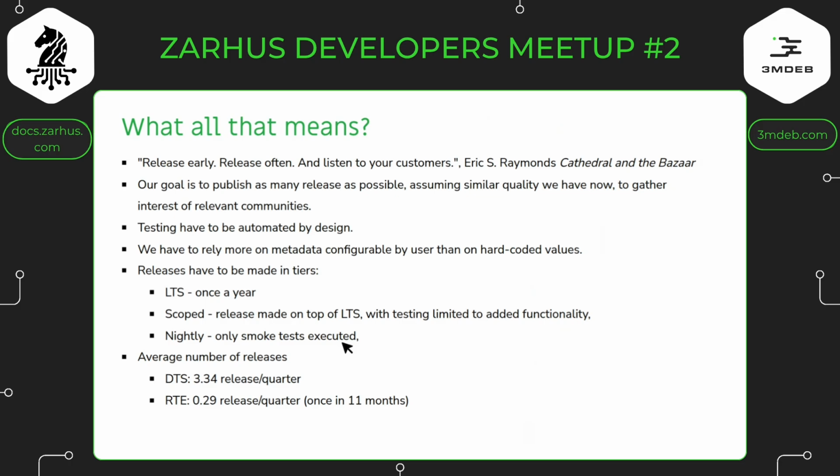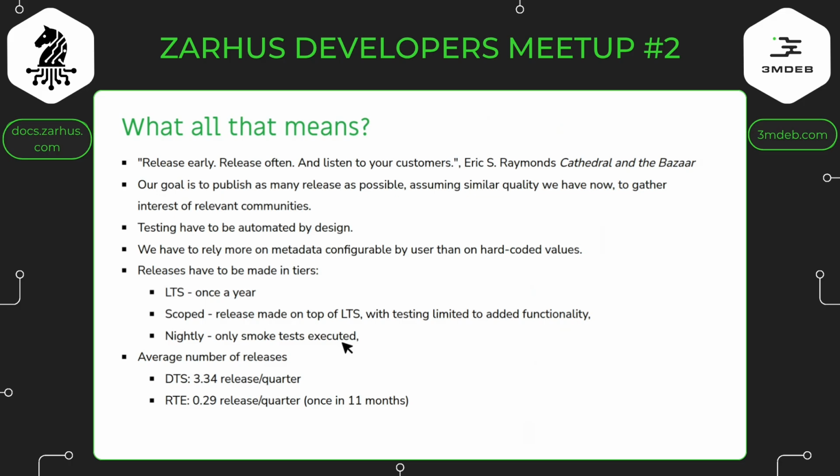So our goal is to publish as many releases as possible, also assuming reasonable quality, because we could of course just bump the numbers, and this is not what I mean. I mean keeping similar quality and an increased number of releases.